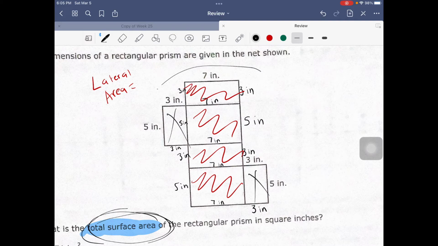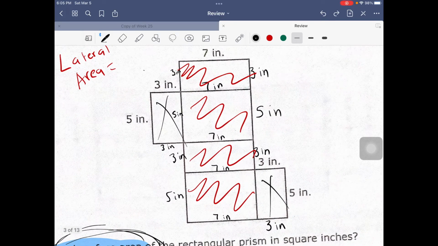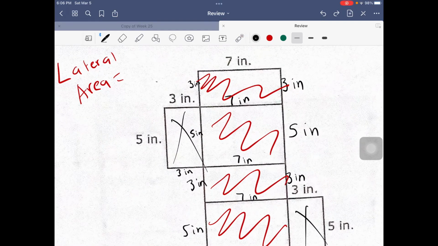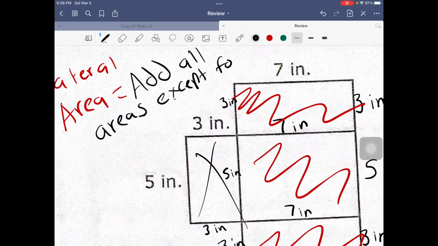What lateral area is and what total surface area is. Total, you find the total for everything. Lateral, we just find the lados, the sides, the walls for this shape, whatever you want to call them. Lateral area means you're going to find the area from these 4 by adding them. You're going to add all areas except for the bases.